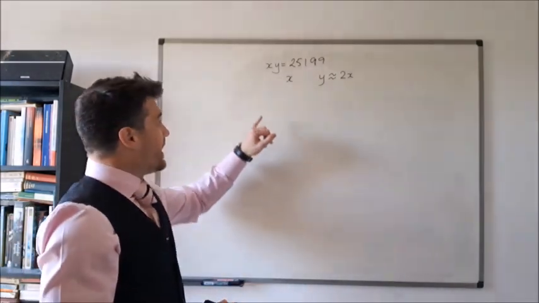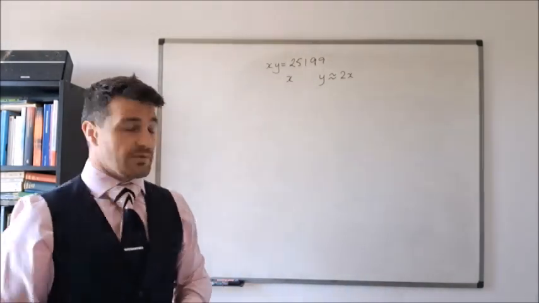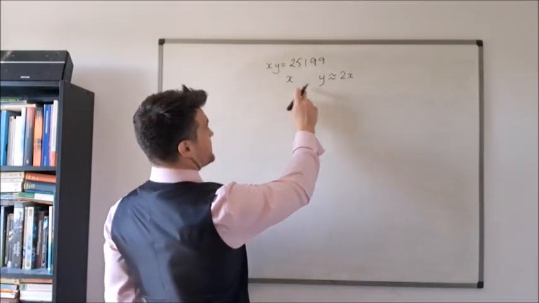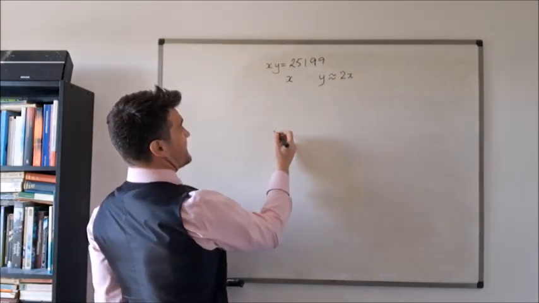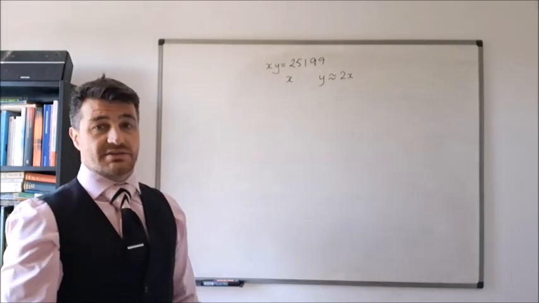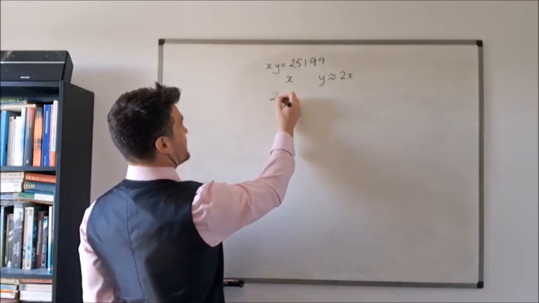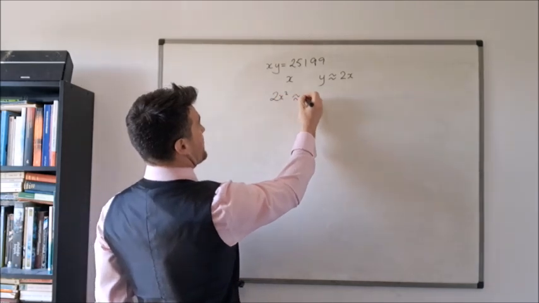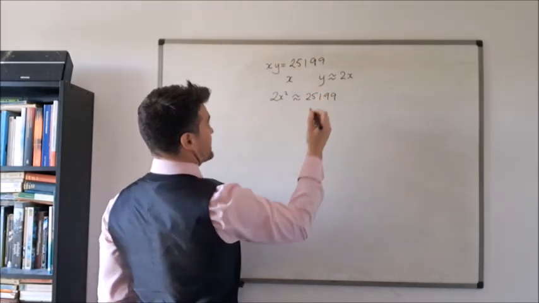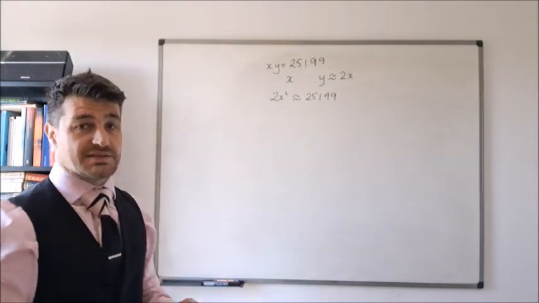So the way that I started this problem was to think, okay, rather than multiplying x and y to give 25,199, if I multiply x and 2x to get 2x squared, this will be approximately equal to 25,199. So it might be a bit more, it might be a bit less.